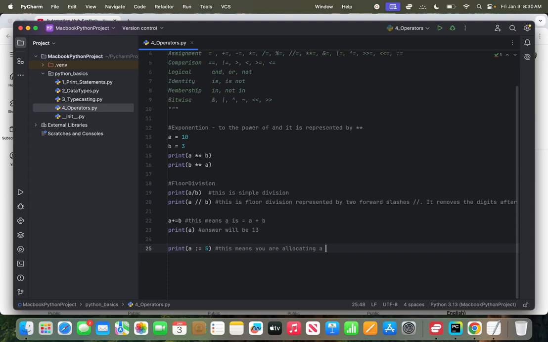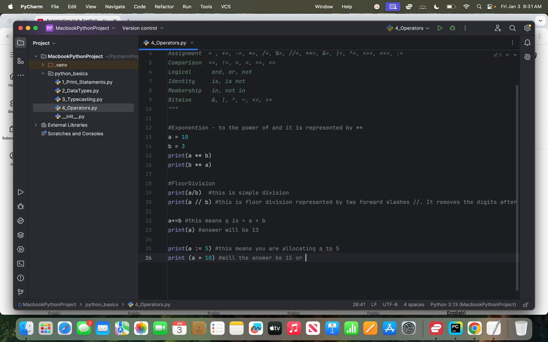allocating A to 5. So now the question is, if I do A plus 10 now, will the answer be 15? I mean 5 plus 10, or will it still be 10 plus 10, 20? That is a good question, right?